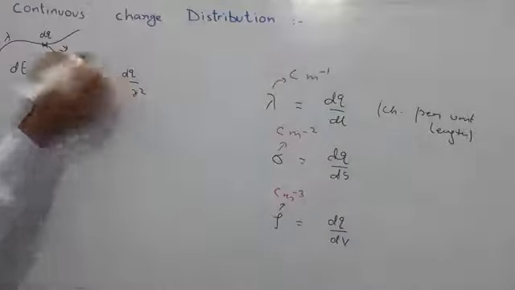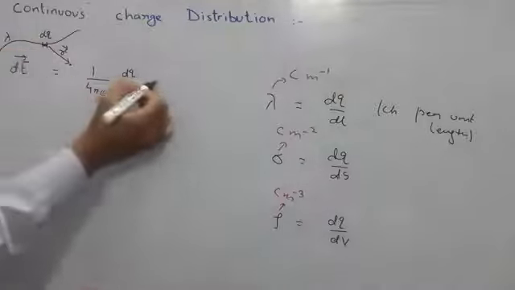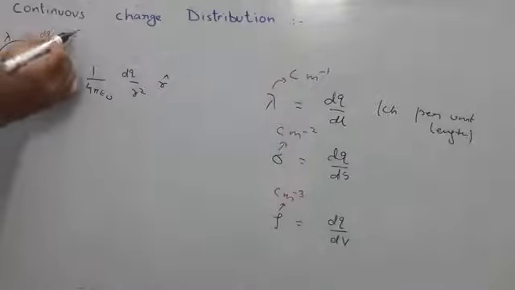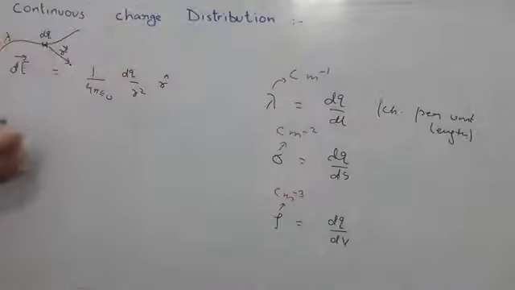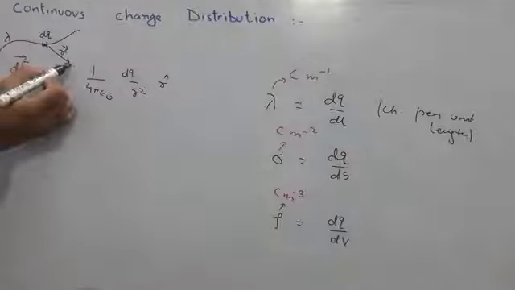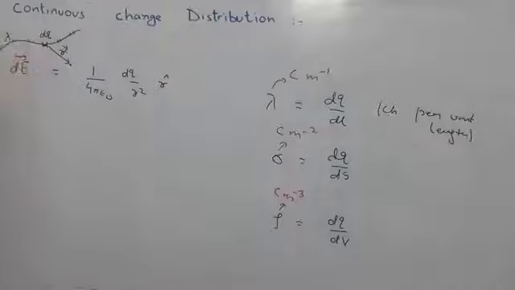Charge will become dq, and this distance is r square, and if you write in vector form, I should write r cap. But the electric field at this point due to the entire charge distribution will be found by integrating the electric fields at this point due to different elements which you will consider on this length.